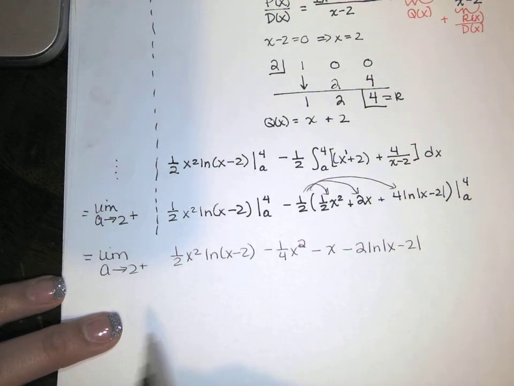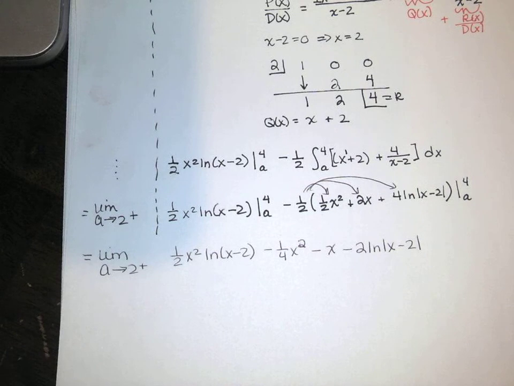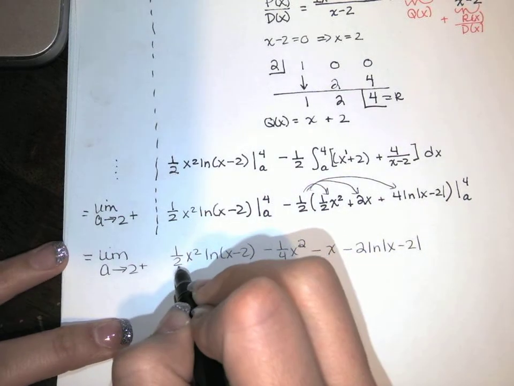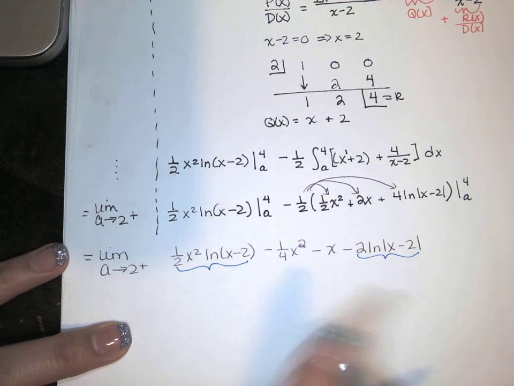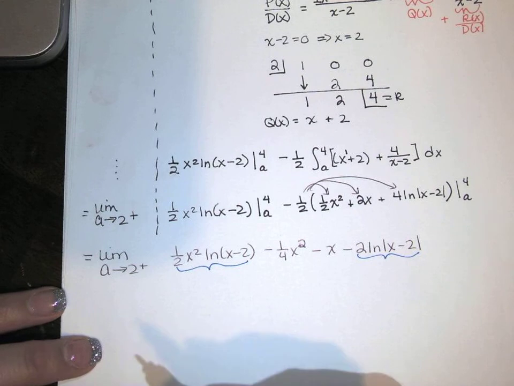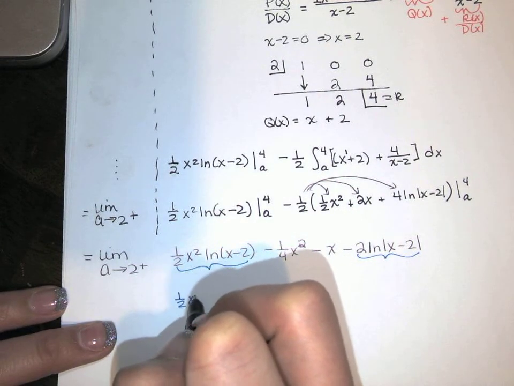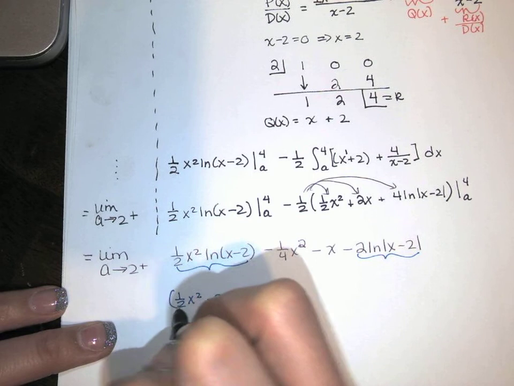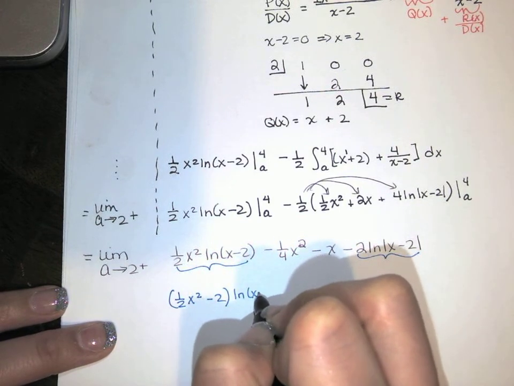And I could stop here, but I think I want to simplify my work as much as possible. So I think I'm going to group these two together. Since they both have natural log of x minus 2 in them, I'm going to write them together out here. So we're going to have 1/2 x squared minus 2, and I'm factoring out the natural log of x minus 2.